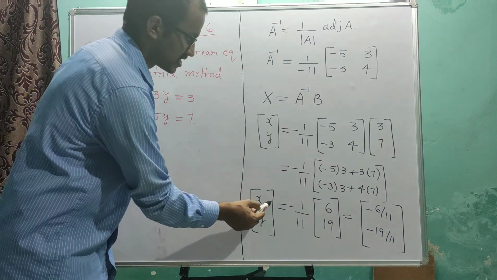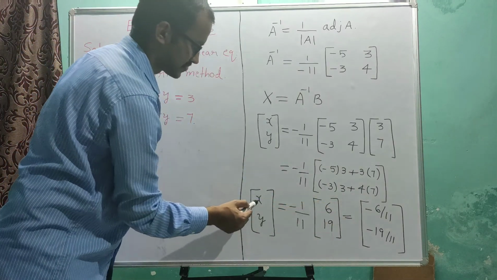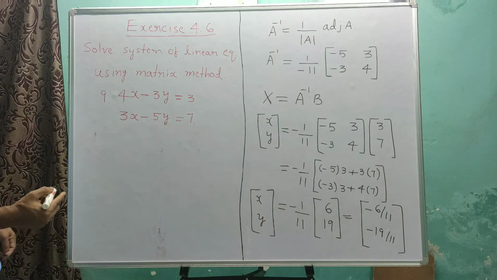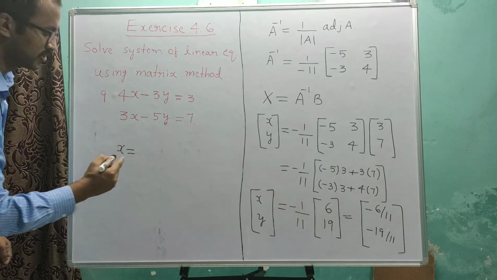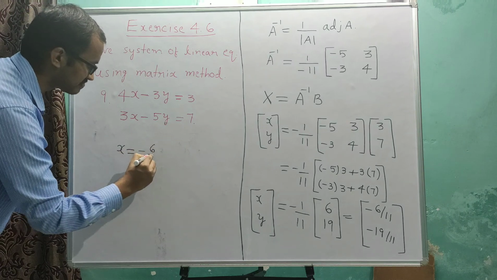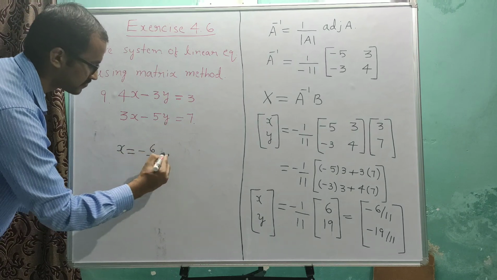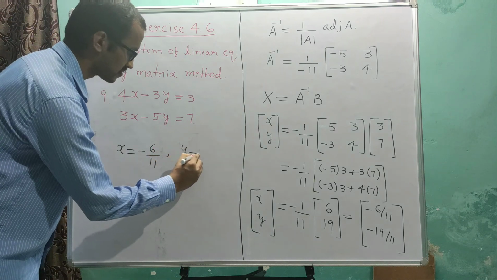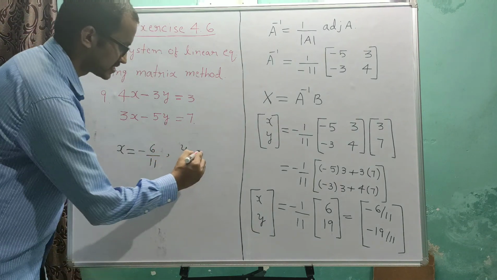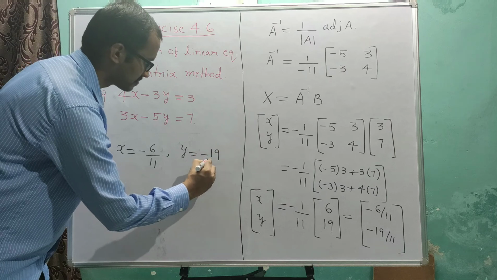If you equate these two matrices, we get the value of x. x is equal to minus 6 by 11 and y is equal to minus 19 by 11.